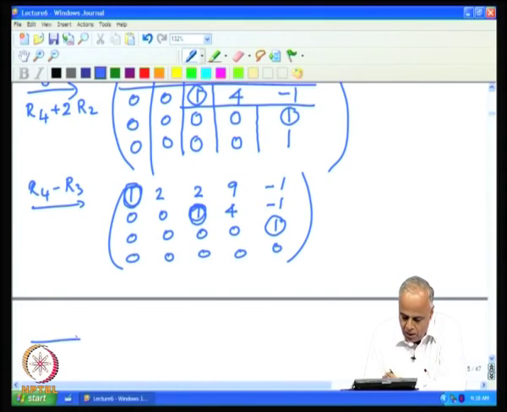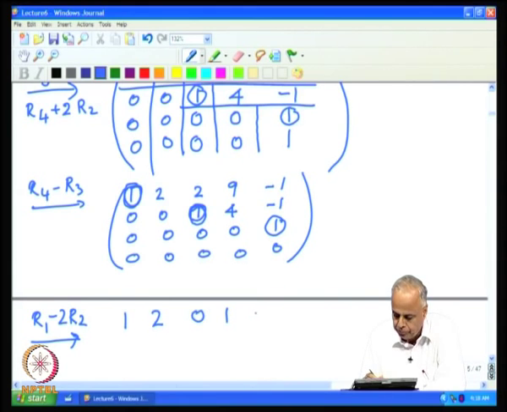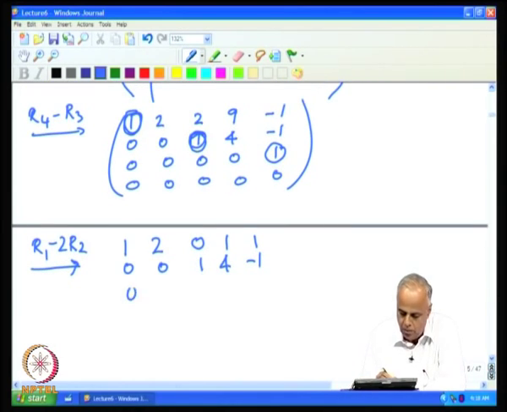So, that will be our next operation, R1 minus 2 R2, that will give me 1 2 0 1 1, 0 0 1 4 minus 1, 0 0 0 0 1, 0 0 0 0 0.